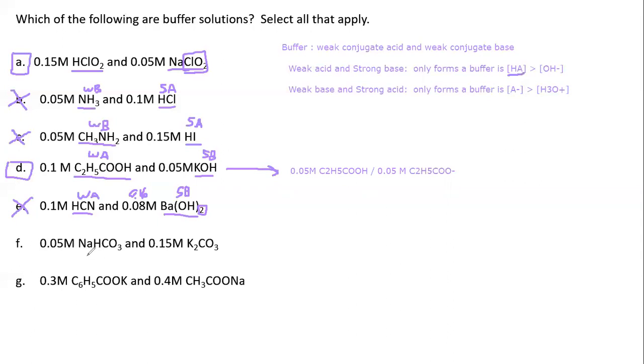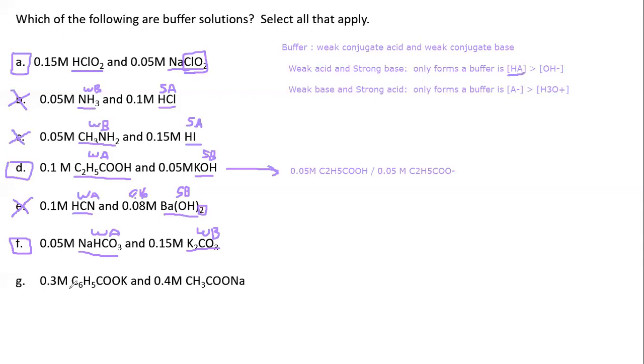Next, we have sodium bicarbonate and potassium carbonate. Bicarbonate is a weak acid, and carbonate is a weak base. So this would form a buffer.